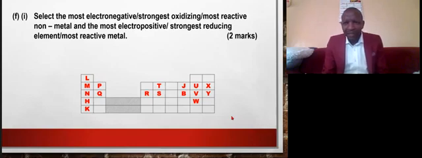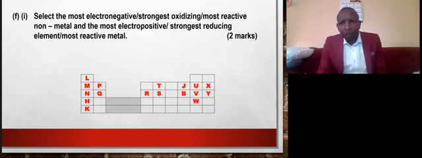The most electronegative is the one that has the highest tendency to gain electrons, and it is also called the strongest oxidizing agent, isn't it? Yes. Or rather, the more reactive non-metal. So what about the strongest reducing agent?